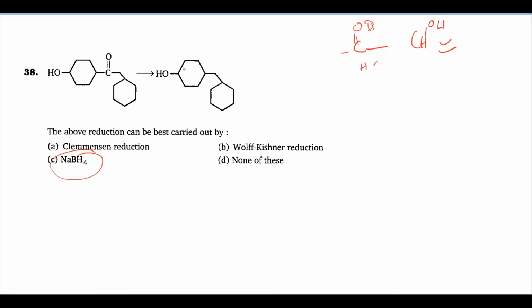But here C double bond O is converted to alkane. Whenever it is converted to alkane, as usual, it is Clemmensen or Wolff-Kishner. But here this is in acidic medium. HCl means acidic medium, HOH is eliminated, Cl is replaced. But OH is OH only. So what is the perfect conversion for this question? Wolff-Kishner reduction. So 38 B.